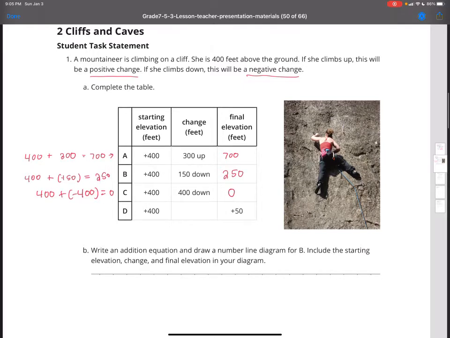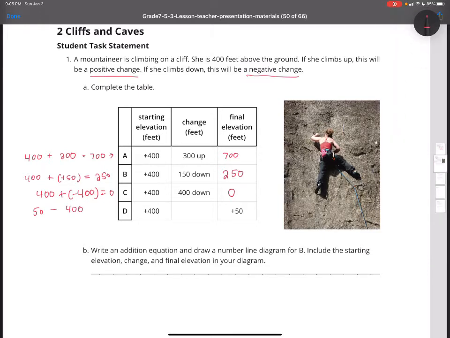So now with this one, for part D, this number is missing, okay? Now, if I wanted to figure out the difference, I would say, okay, 50 minus 400.